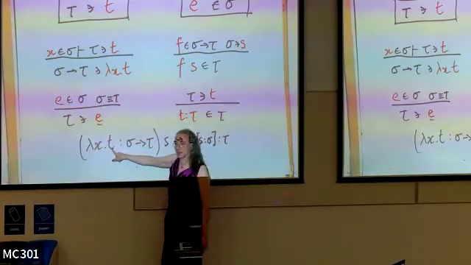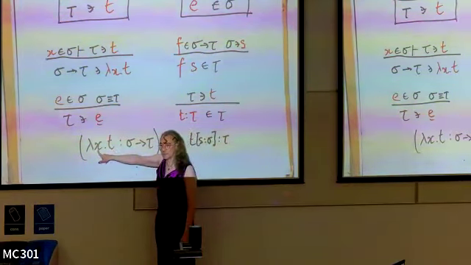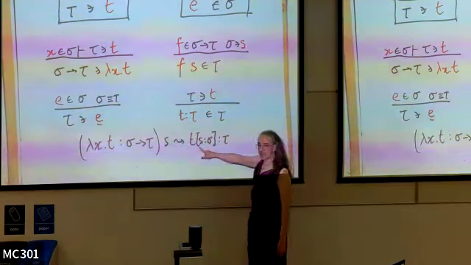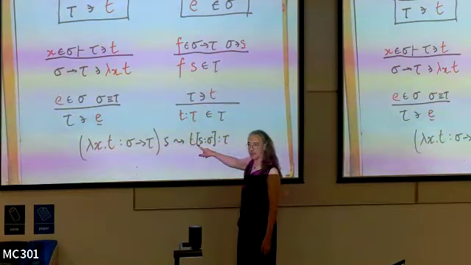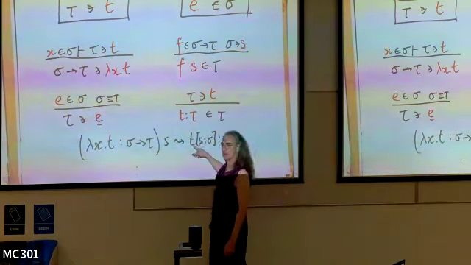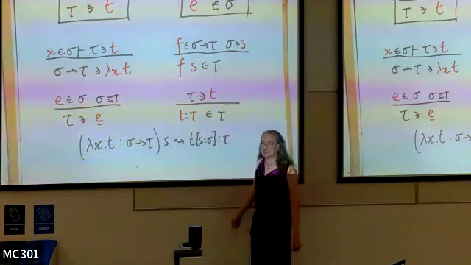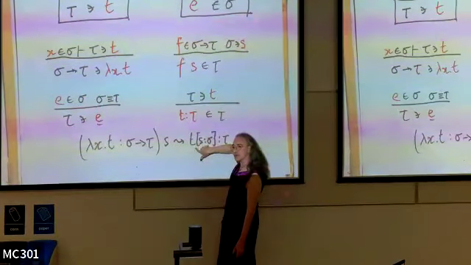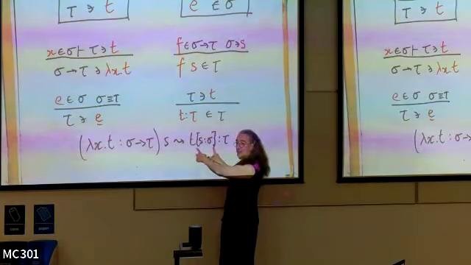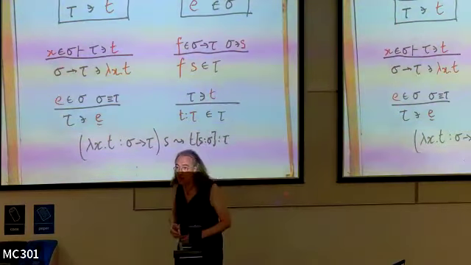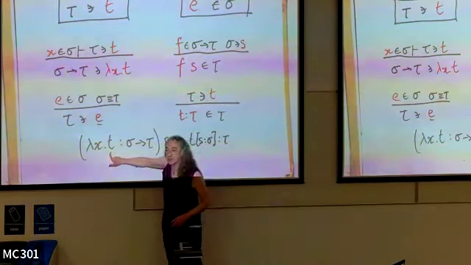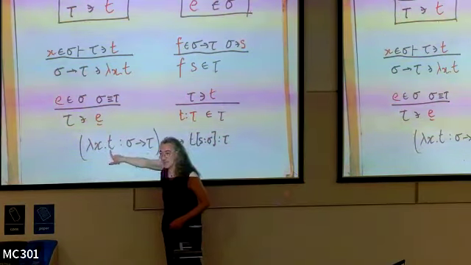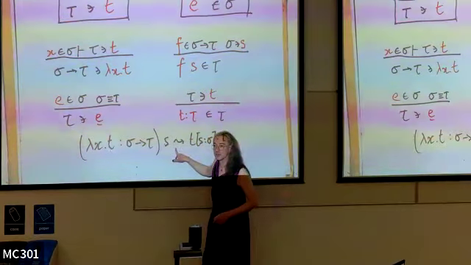T is bound in the scope of an X. Correspondingly, if I'm using it outside of the scope of an X, I have to explain what's going instead of X. So I write this substitution here. I don't even need to write the X because there's only one thing I could possibly be substituting, namely the one variable that was in scope at the binding site of T, but not at the use site of T.